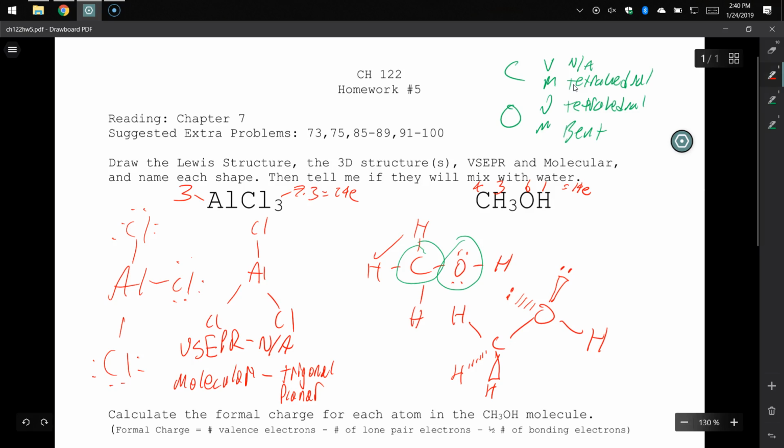When we're talking about mixing with water, what's water's polarity? Is it polar or non-polar? Polar. Water's polar. So if water mixes with ethanol or methanol, methanol must be polar. So how is this molecule polar?